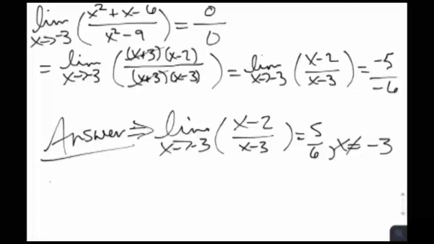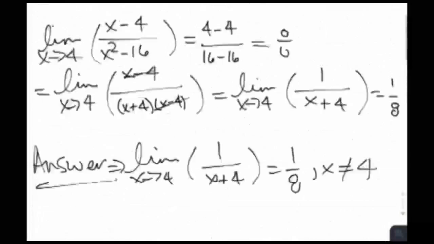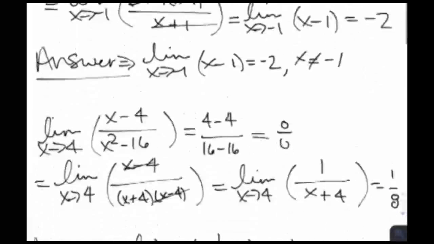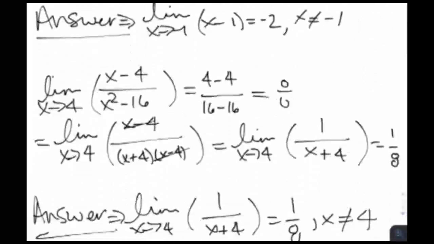Alright, so that was how to solve limits analytically. We have done 3 problems. We've done the limit as x approaches negative 1 of x squared minus 1 over x plus 1. We got that to equal negative 2, except when x is negative 1.